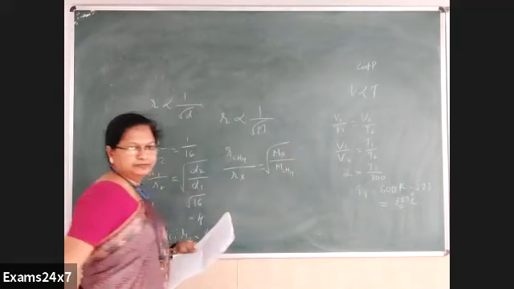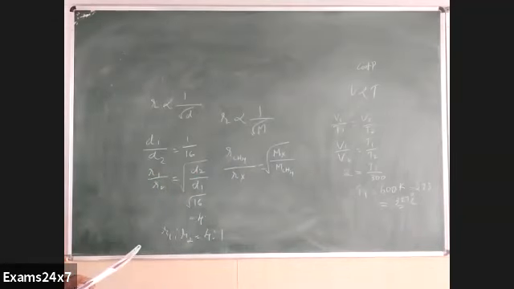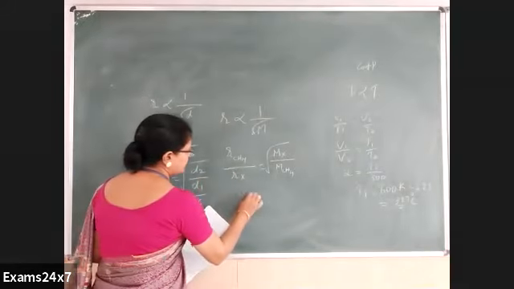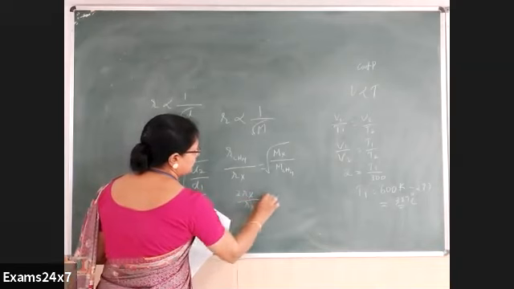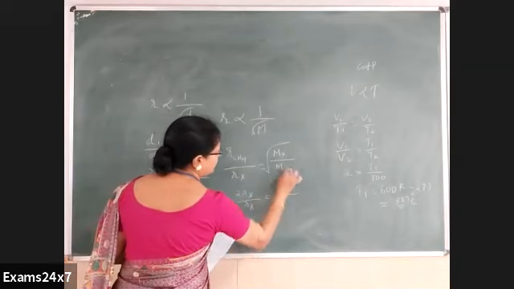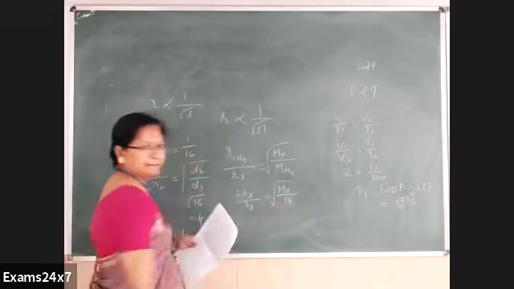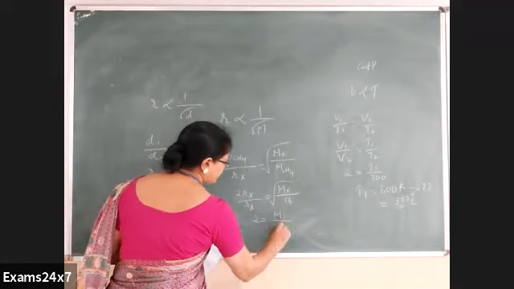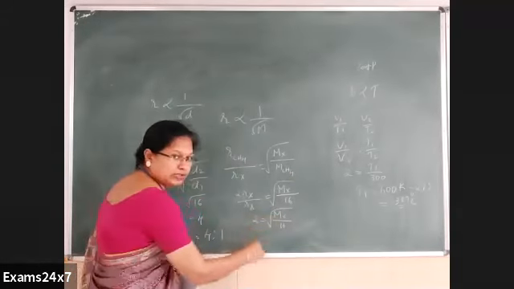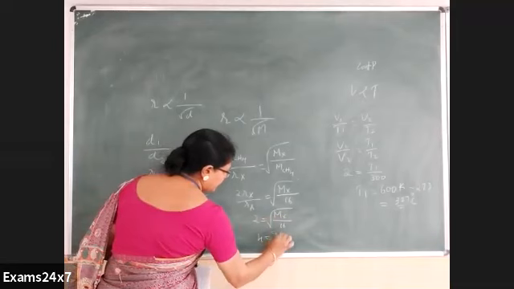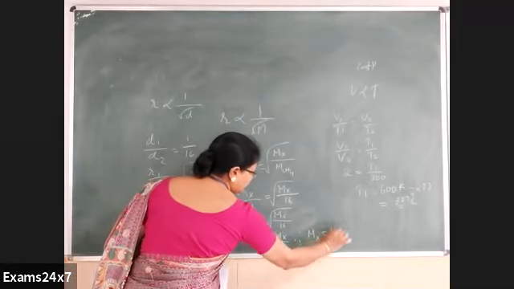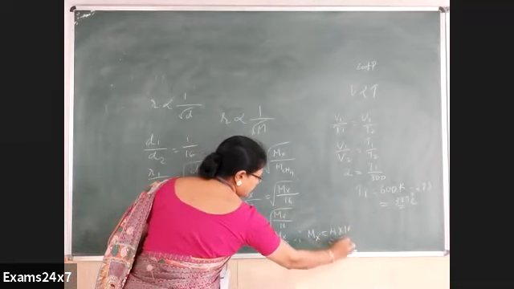So 2 times Rx divided by Rx equal to square root of M of X divided by molar mass, which is 16. So 2 equal to square root of mx by 16. We can square on both sides. You get 4 equal to mx by 16. Therefore, mx equals 4 into 16, that is 64.